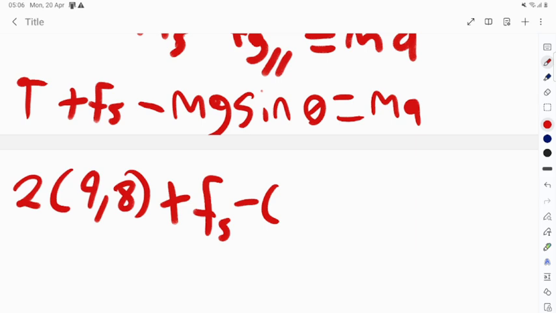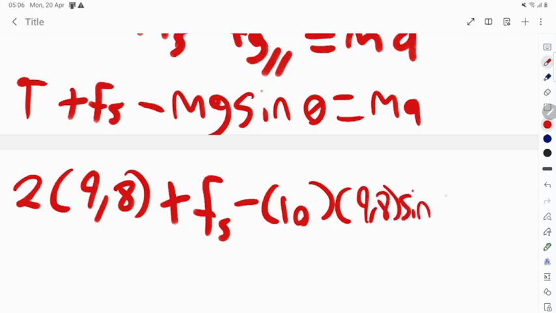So if we're looking at the 10 kg block, here it will be 10 multiplied by 9,8 sine of 30 degrees is equal to ma. So that will be 10 multiplied by acceleration, but the block is not moving, the block is still, so that will be 0. So then ultimately on the right hand side we'll have 0.